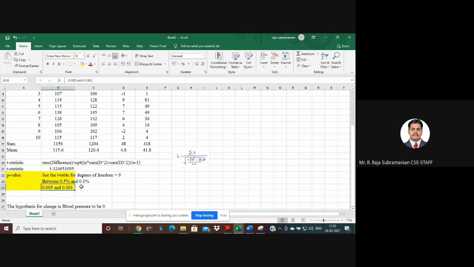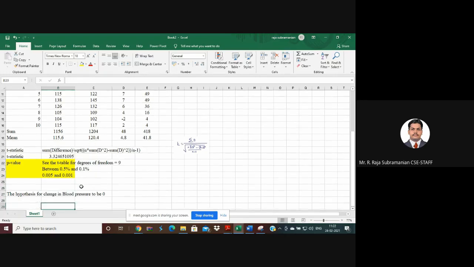An approximate result, right? So in MCQs or some other quizzes in our open book test, if I give you the t-value, you should be in a position to tell me the p-value and to accept or reject the hypothesis, right? Now, the question comes here. The hypothesis for change in blood pressure to be zero, right?